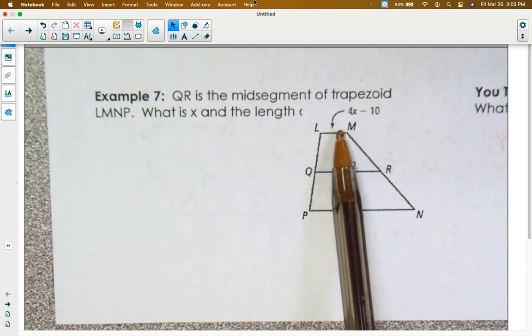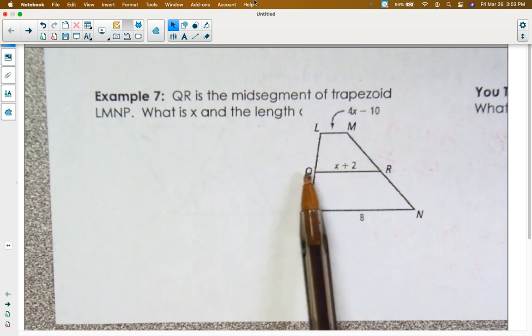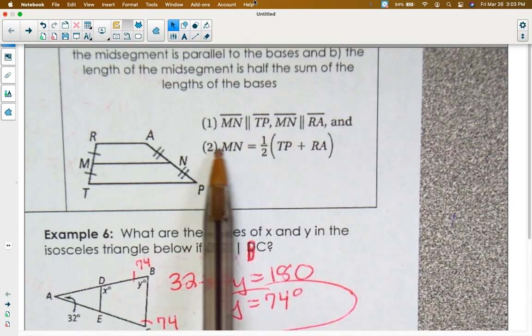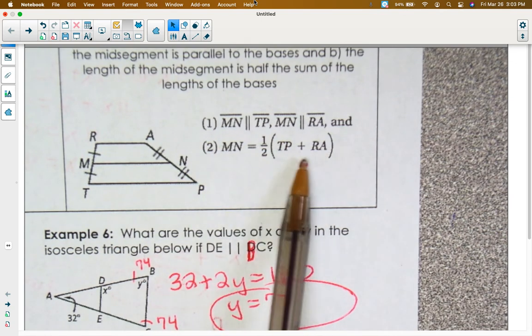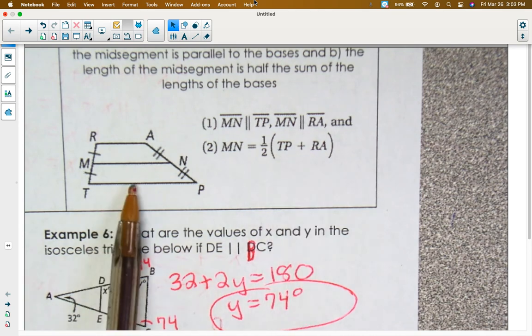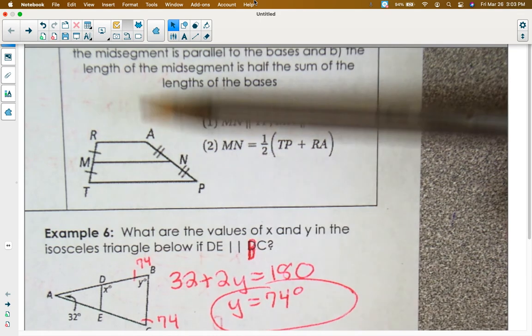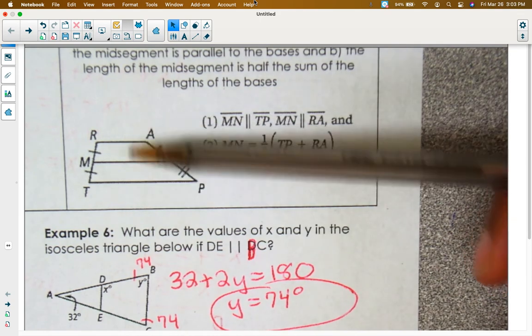If I take that, add it to the bottom section, and divide by 2, it'll give me this middle section right here. I got that formula from right here. It tells us to add the top and bottom and divide by 2.